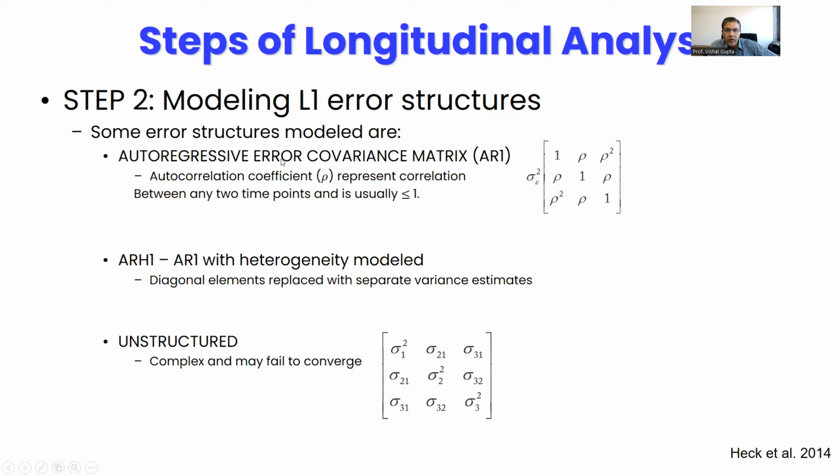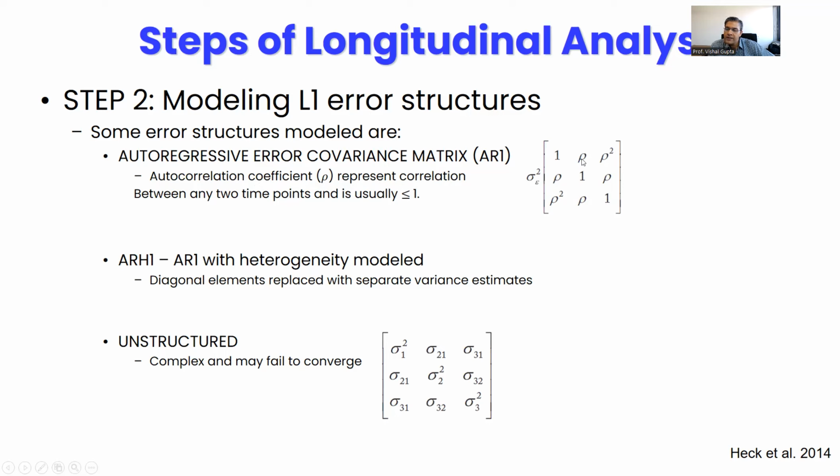Then we have the autoregressive error structure, which we just modeled, and it says sigma square E. So the diagonal is all the same, sigma square E, and the autocorrelation coefficient is rho. So that means time 0 and time 1 have some correlation, and time 1 and time 3 it is rho square.